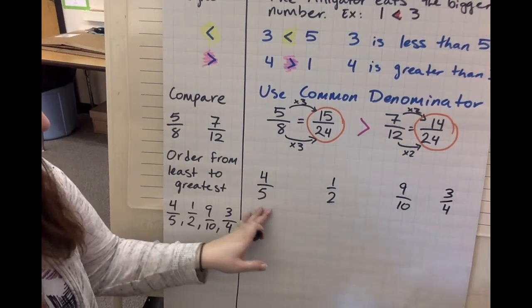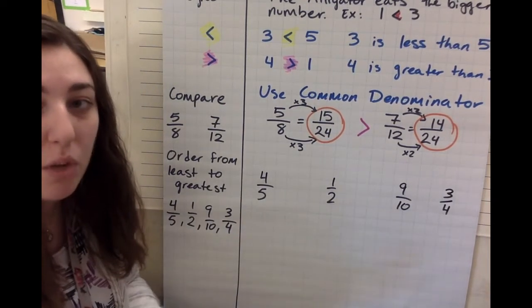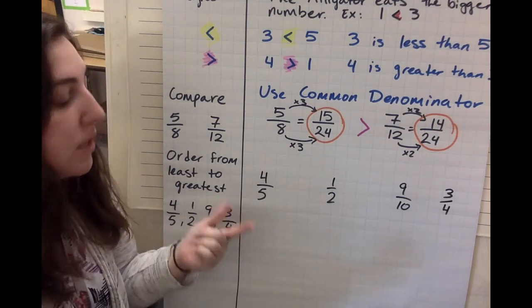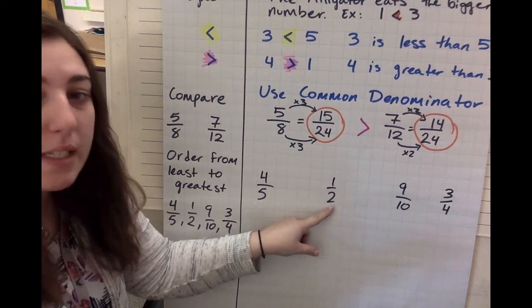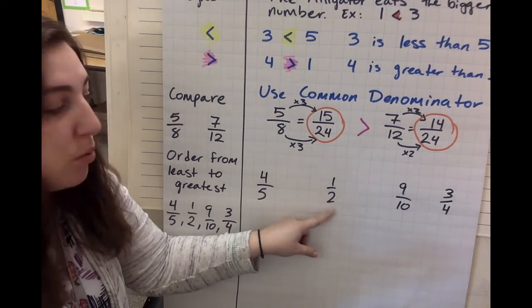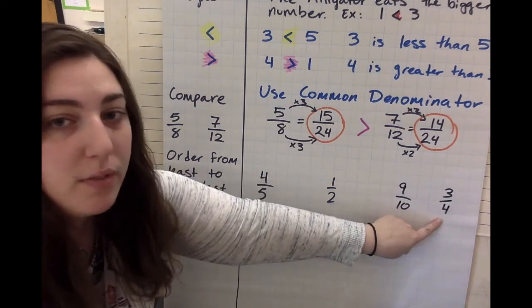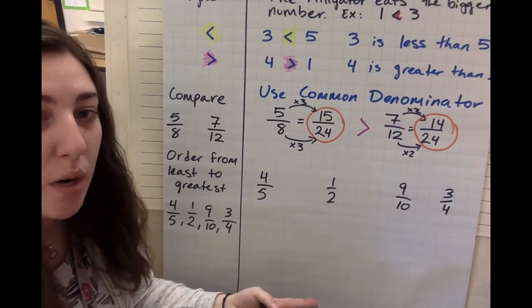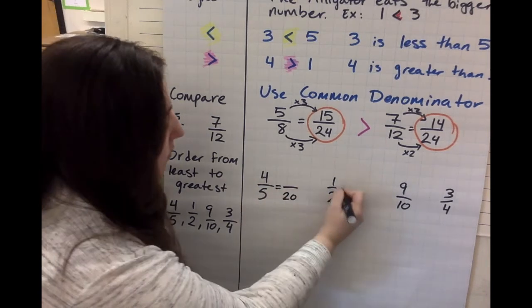I need to skip count by all these numbers and find out if they have a common multiple. So 5, 10, 15, 20; 2, 4, 6, 8, 10, 12, 14, 16, 18, 20; 10, 20; 4, 8, 12, 16, 20. I notice they all have 20 in common, so I'm going to use 20 as a common denominator.